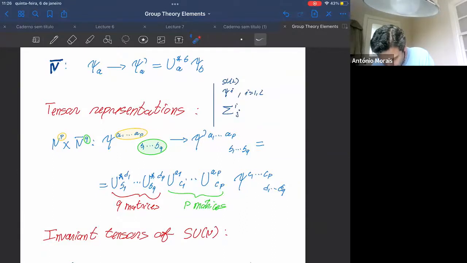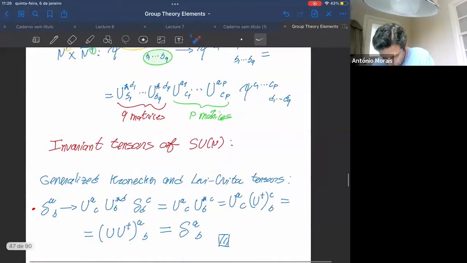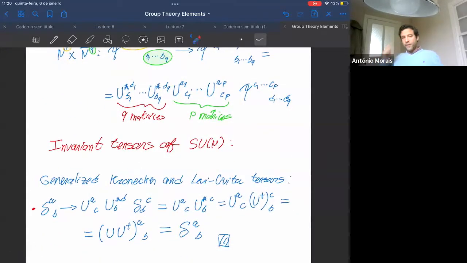So this is what defines a tensor representation. And what about invariant tensors of SU2? One of the invariant tensors is the generalized Kronecker delta, and the Levi-Civita tensors. How do we see that these are invariant tensors of the symmetry? This is very useful because you can use both the delta and the epsilon tensors to build further group representations from the fundamental representation or even from other representations.